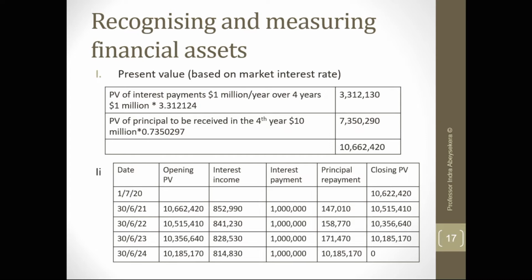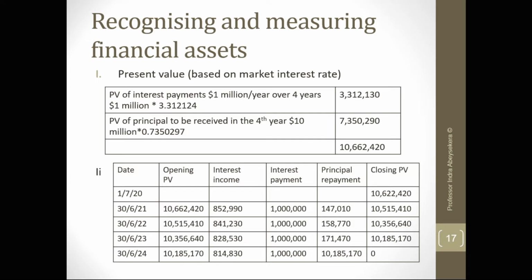But the interest income should be based on market realities and on the brought forward value of the bond. For 2021, it is 852,990, which means the interest cash receipt is greater than the interest income that should have been received. So there's excess cash that has been received. Therefore, we decrease the brought forward bond value by that to come up with the carried forward bond value.